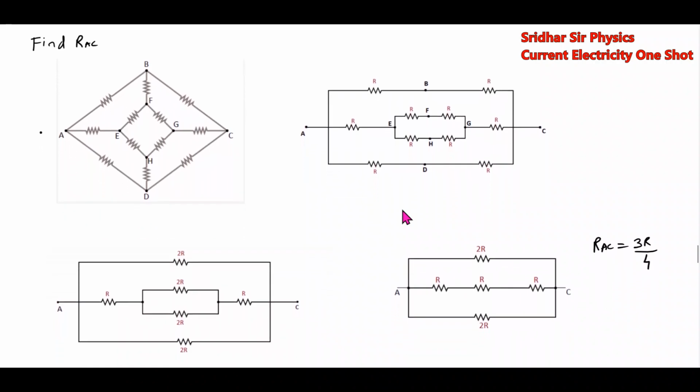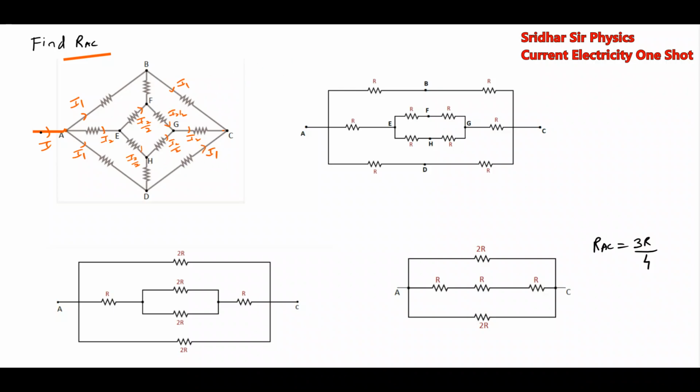Then we can simplify the series-parallel. Next, again, I just solved it. In the current distribution, we have to calculate the effective resistance RAC across these two points. Here the current I will come. It will branch like this, I1, I1, here I2, I2 by 2, I2 by 2, I2 by 2, I2 by 2, and it will combine to I2, and this will be I1, and this will be I1.